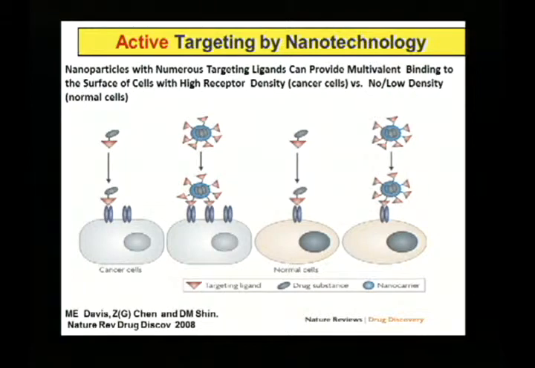Next. So this is from our review paper, which we published a number of years ago. Basically, if a cancer cell has multiple receptors, versus very few or none on normal cells, then whatever nanoparticle is formulated and conjugated with a ligand can bind to the receptors. And these nanoparticles mainly go to the cancer cell, not much to normal cells.